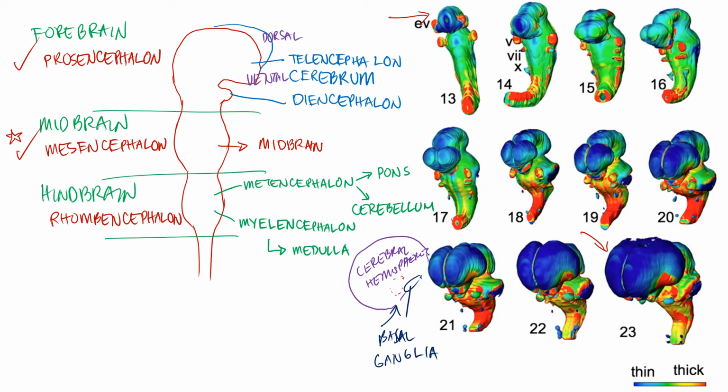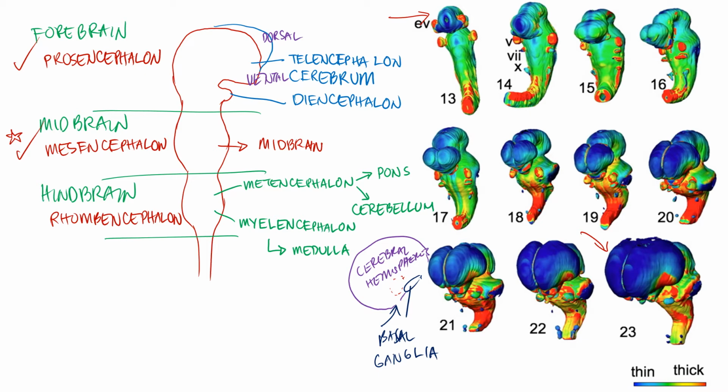Okay, so now you have the three major parts of the brain, and the major parts of the brain that give rise to your different subdivisions of your central nervous system. And so we've now shown you the basic parts.